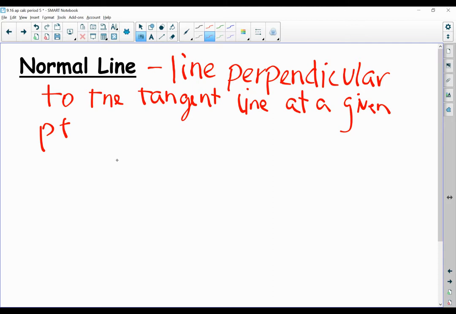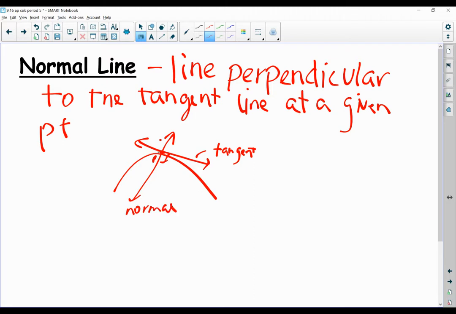Okay, so for instance, if I had a function, and this is point P, and this is my tangent line, my normal line would be here, because it's the perpendicular. So if this is the tangent at point P, this is the normal.